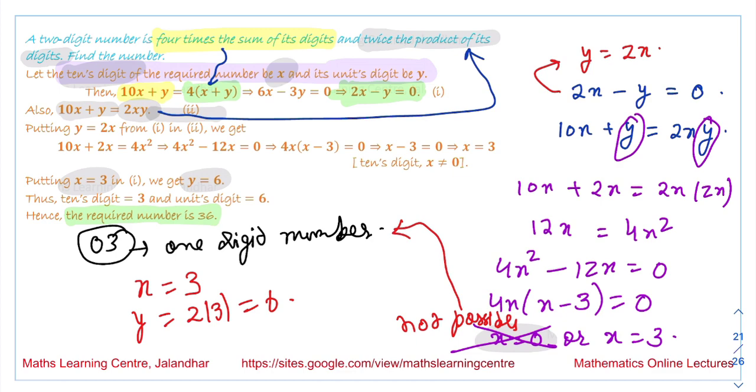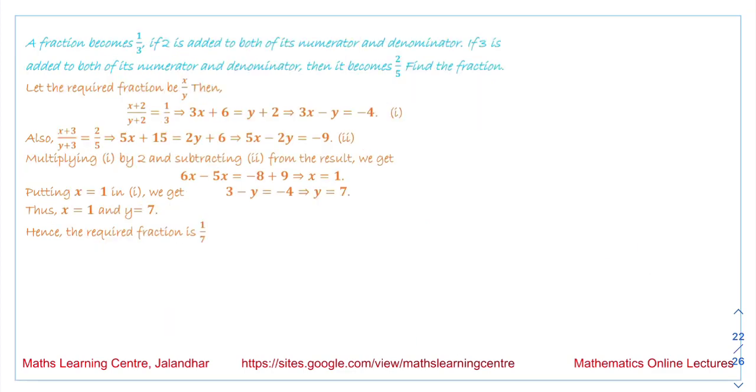Now next is a fraction that becomes 1 by 3 if 2 is added to both its numerator and denominator. Suppose the fraction is x over y. If 2 is added to both numerator and denominator, the fraction is 1 by 3.